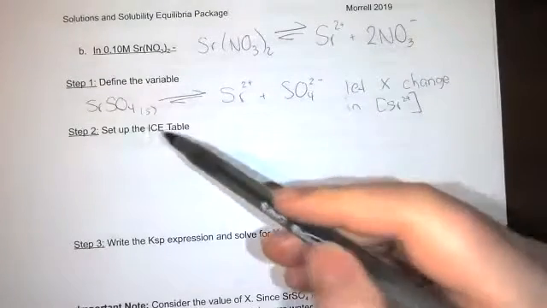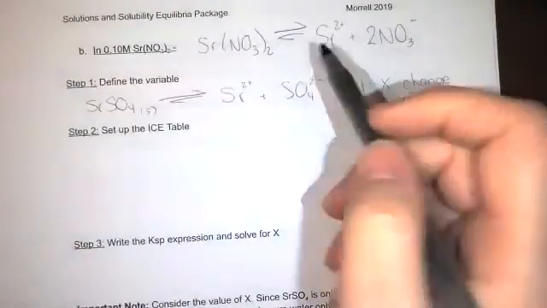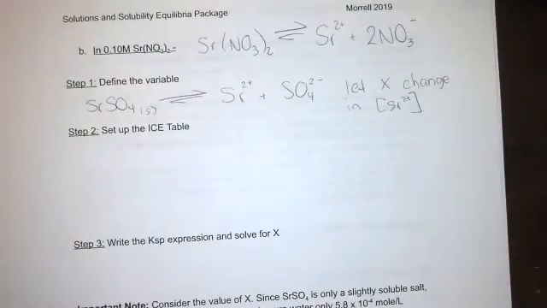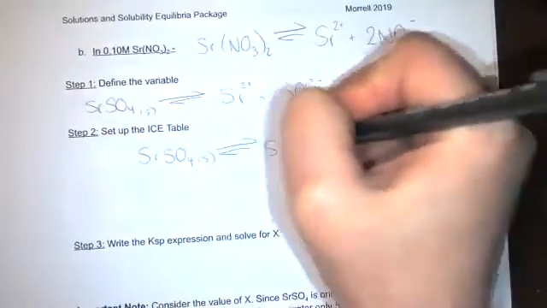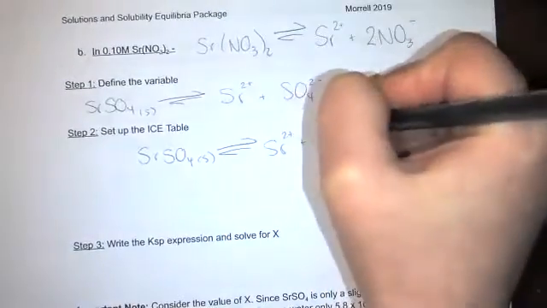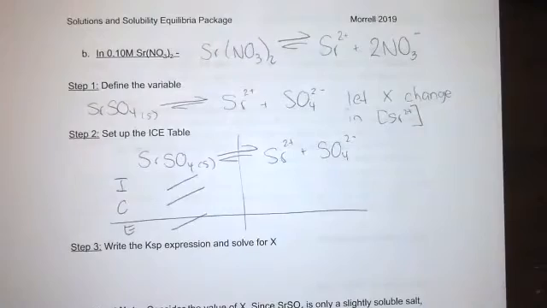So in these cases, and these are the only cases, the common ion effect, you will have to actually set up an ice table, because you won't be dealing with just nothing to start with. You're already going to have an ion in solution. So let's set up our ice table. And this is done in the same way that our ice tables were done before. So we have our initial, our change. This is a solid, so we do not need to worry about it.